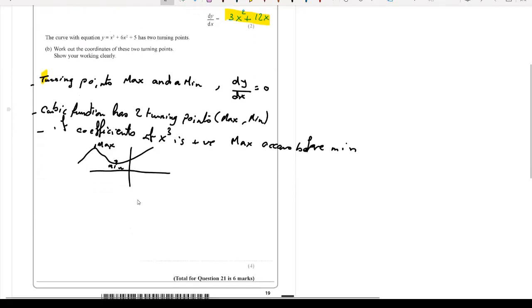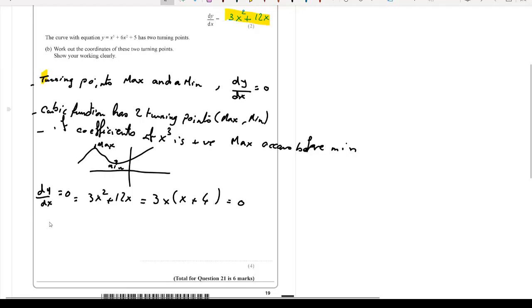So we are going to let dy by dx equal 0. dy by dx, we got it from the first step, 3x squared plus 12x. This is a quadratic equation with the constant term c equal to 0, so the easiest way to solve here is to factorize. We take 3 as a common factor and x as a common factor, so this becomes 3x open bracket x plus 4, and this is equal to 0.